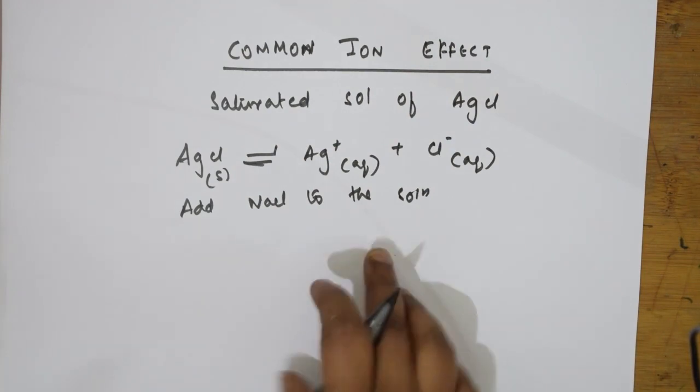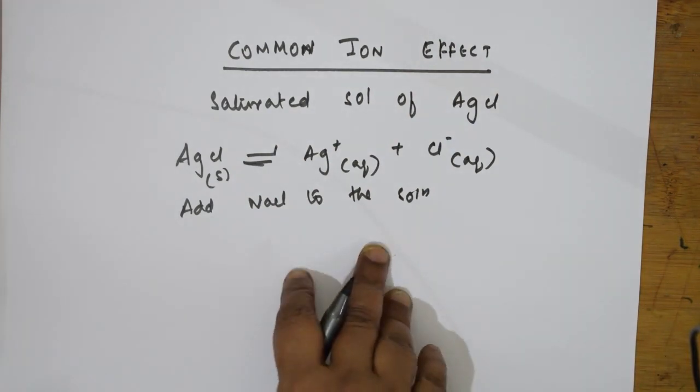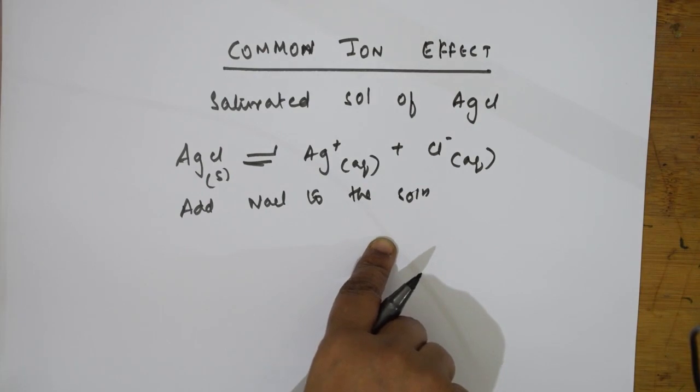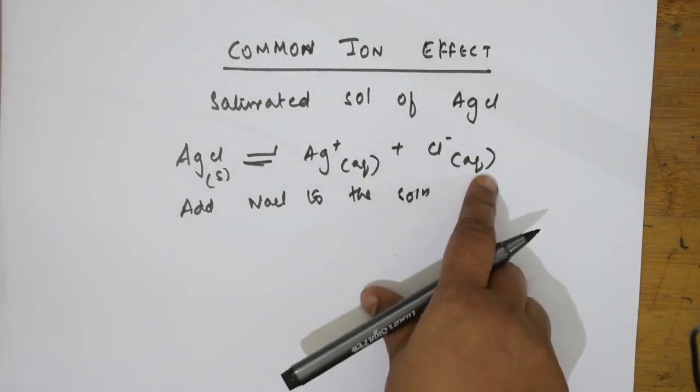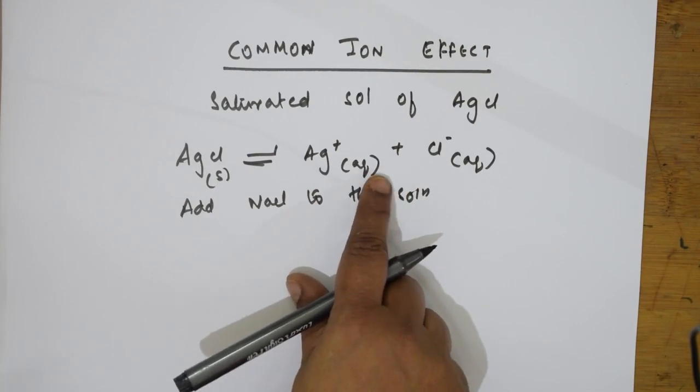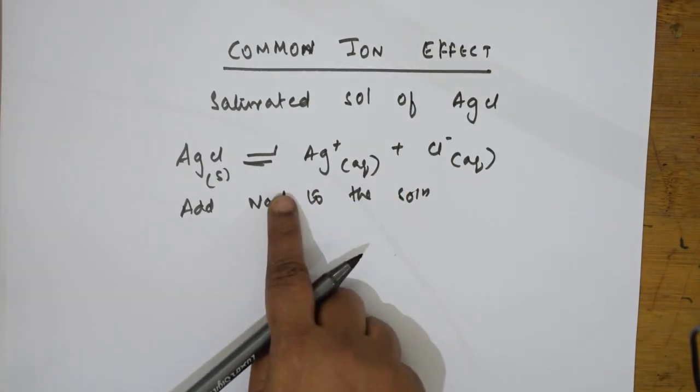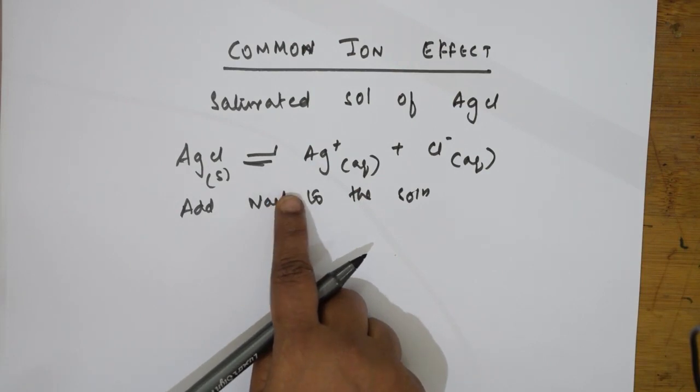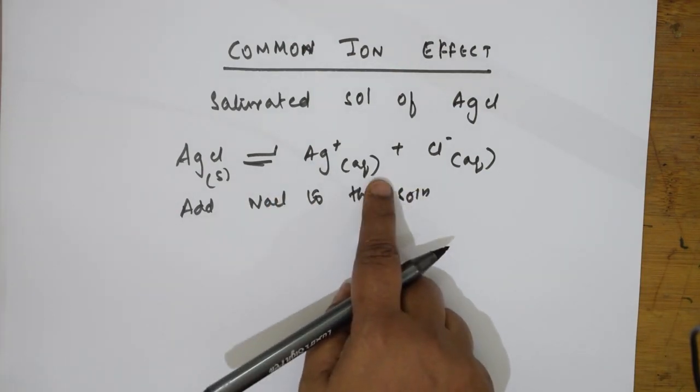Now, when a partially soluble ionic substance, silver chloride, is dissolved in water, it dissociates into Ag+ and Cl minus. There is an equilibrium between those two. At equilibrium, the solute dissolves at the same rate at which the ions crystallize into the salt.